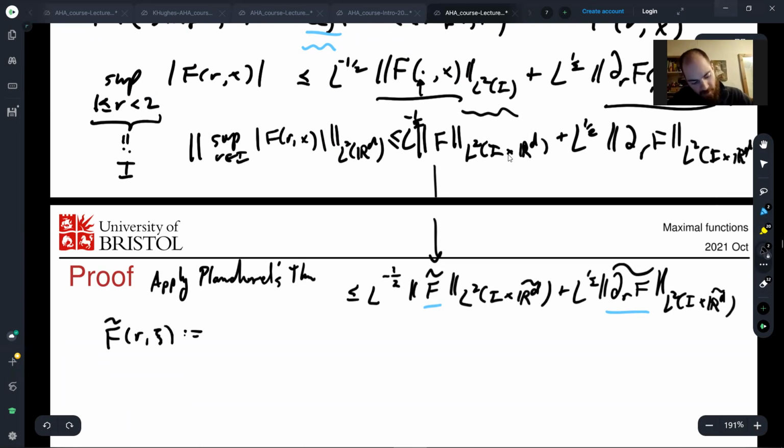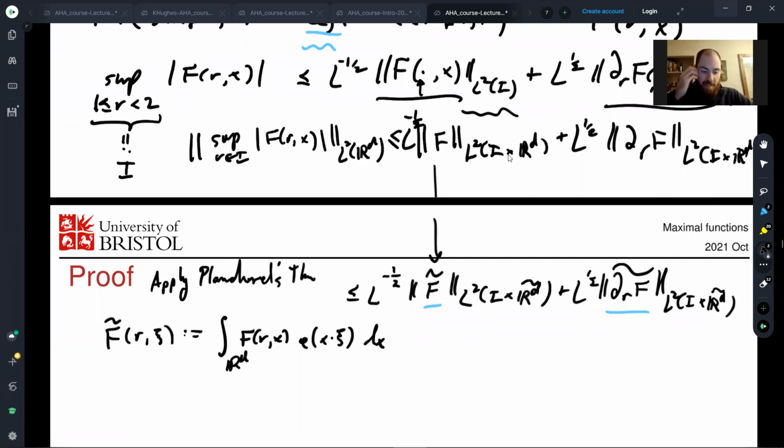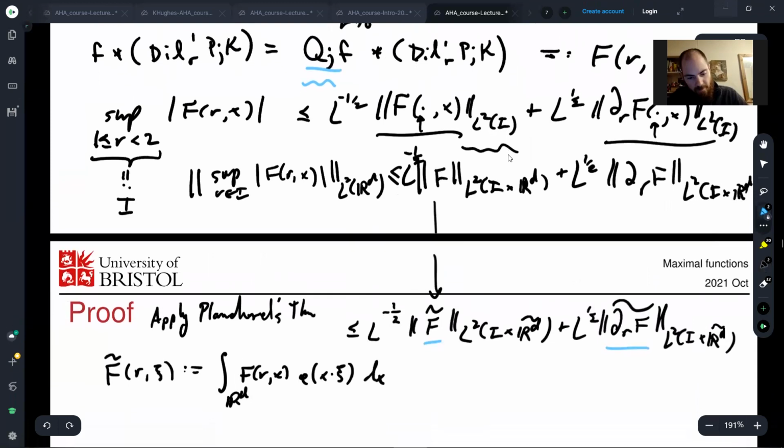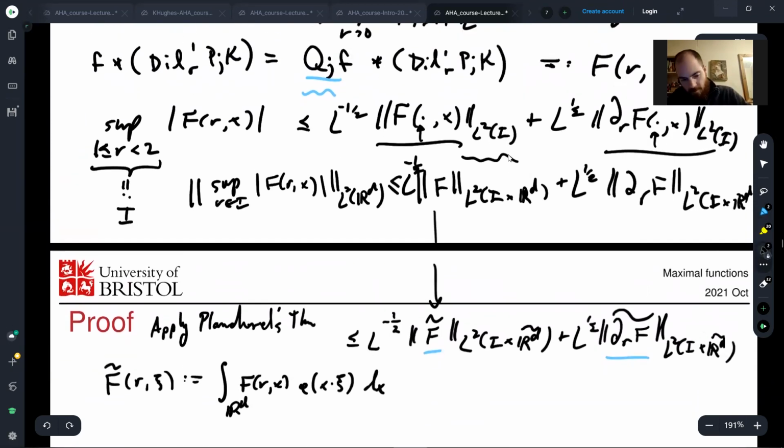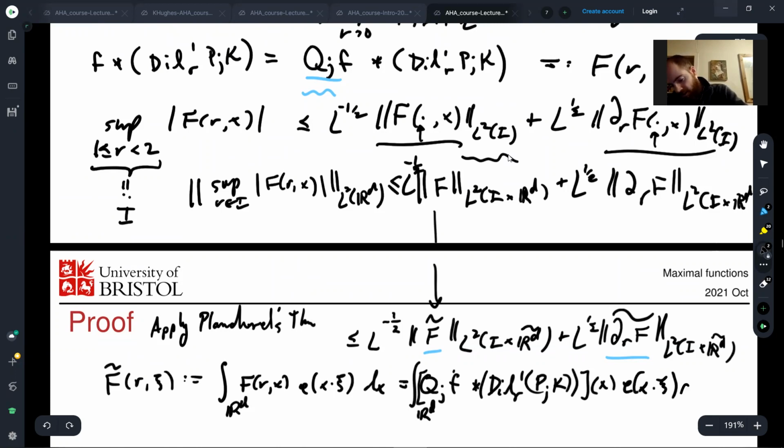Right, so that is by definition the integral of f_r(x) on R^d, e of x dot xi dx. But f_r(x) is actually Q_j f, the integral over R^d, Q_j f convolved with this appropriate dilation, P_{j,k}, at x, and that's times e of x dot xi dx.